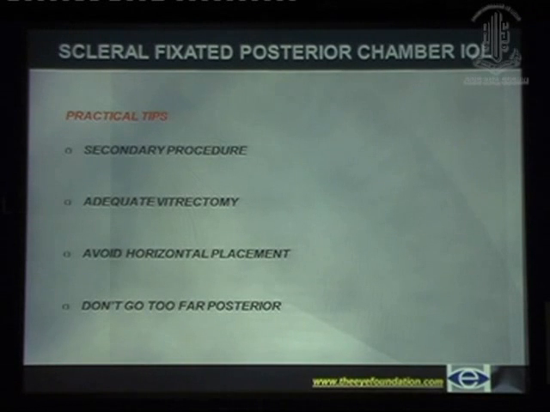And don't go too far posterior. You know the anatomy of the ciliary sulcus. It is ideal to pass the sutures at around 0.8 to 1 millimeter behind the limbus. Nano-polypropylene suture is better than 10-0 polypropylene. I am concluding this. And cover the knots with adequate tightening.